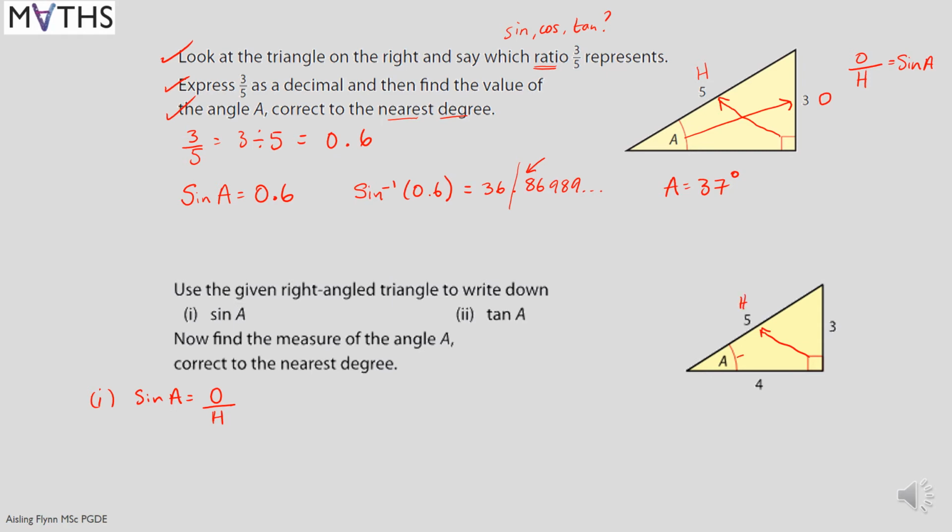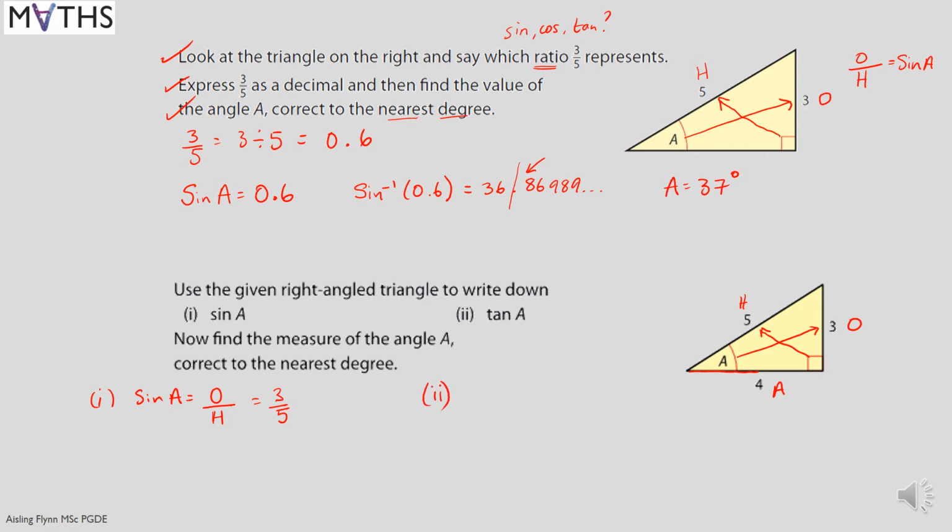Standing in A, looking across, gives me the opposite, and then beside me is the adjacent. So sine is opposite over hypotenuse, which is 3/5, and we can change that to decimal if we want. You don't have to. We can use the fraction button also. All right, we'll park that there for a moment.